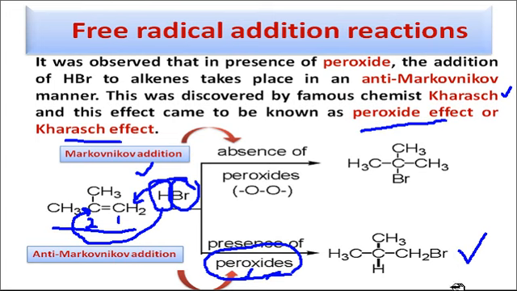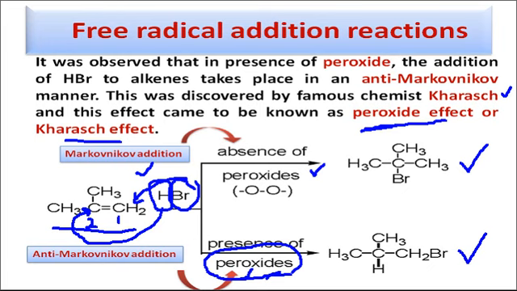So the major product will be 1-bromo-2-methyl propane, while in the absence of peroxide, normal Markovnikov addition takes place and the 2-bromo product is the major product. In the presence of peroxide, anti-Markovnikov addition always takes place, and this effect is known as the peroxide effect or the Kharasch effect.